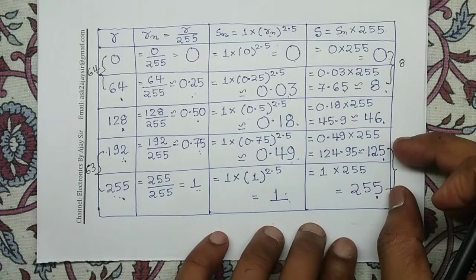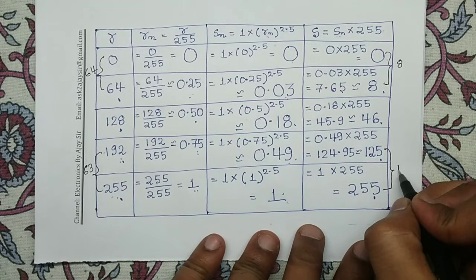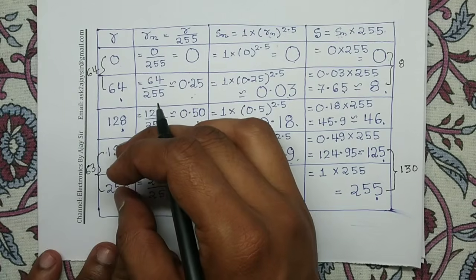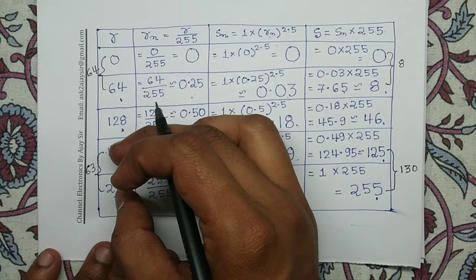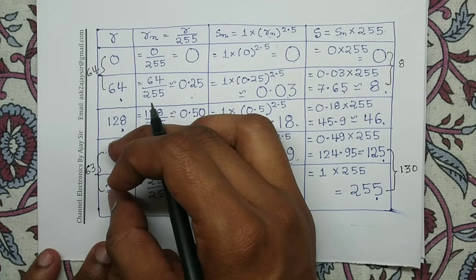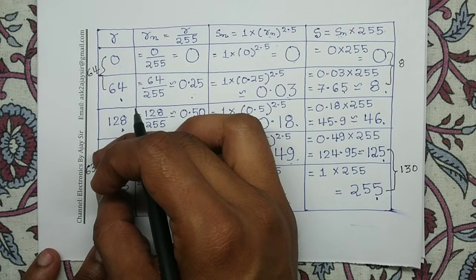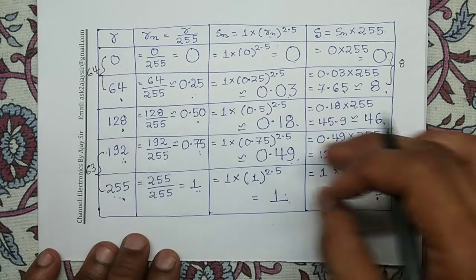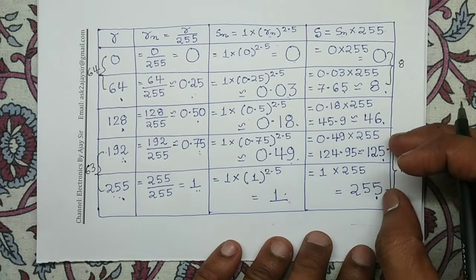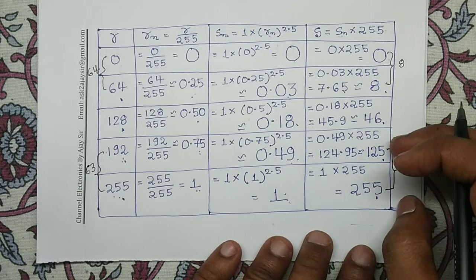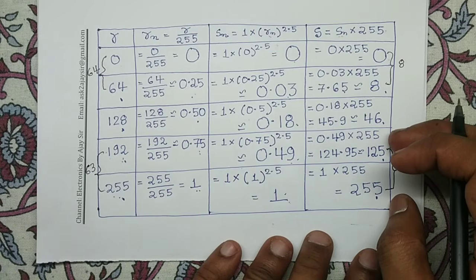So the difference in the output intensity value is 130. So for bright pixel values, the difference in the input is 63, and the difference in the output intensity value is 130. So here I am expanding my bright pixel values.